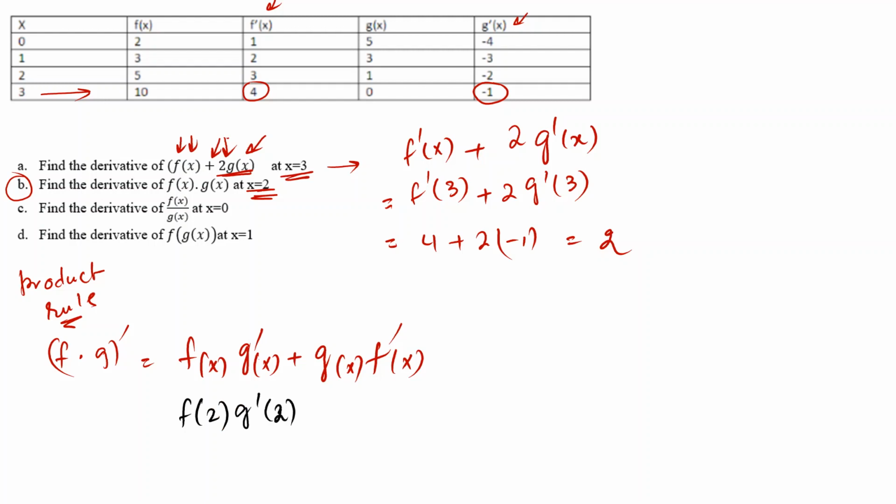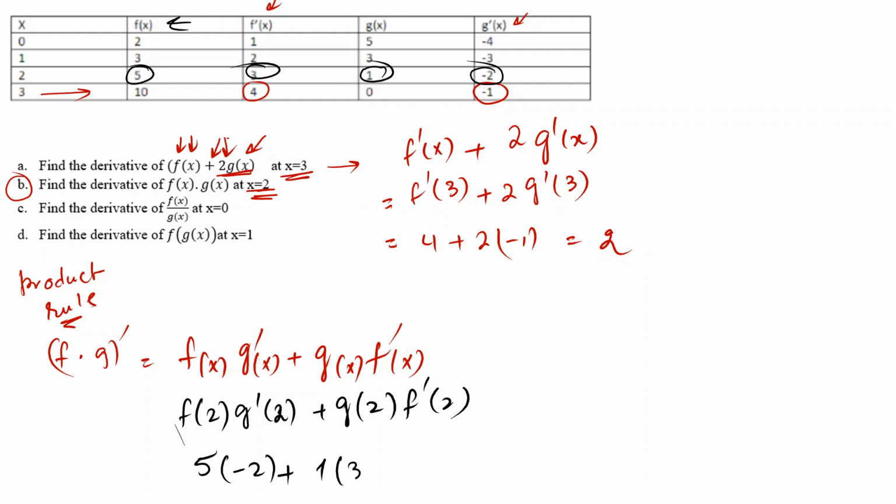Now look at this table and check what the values are. So f of 2, this is f and here 2 is 5. g prime of 2 is -2, plus g of 2 is 1 and f prime of 2 is 3. So -10 plus 3 gives us -7.